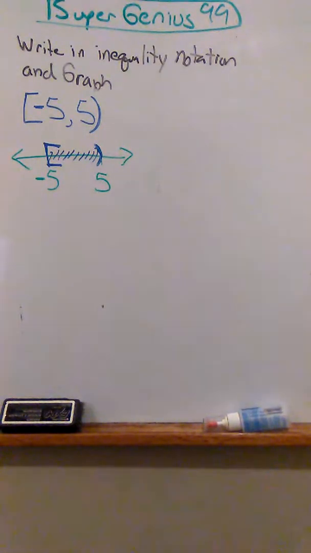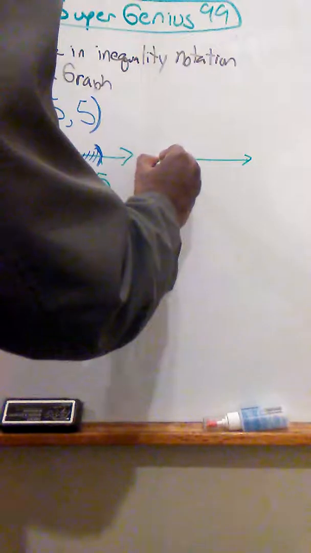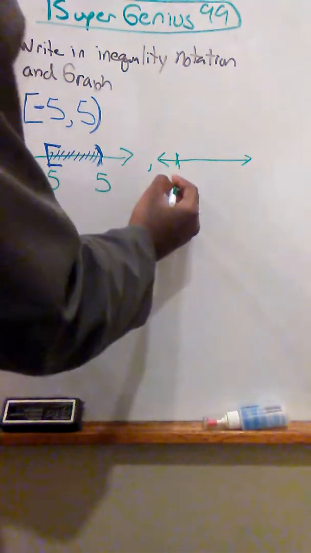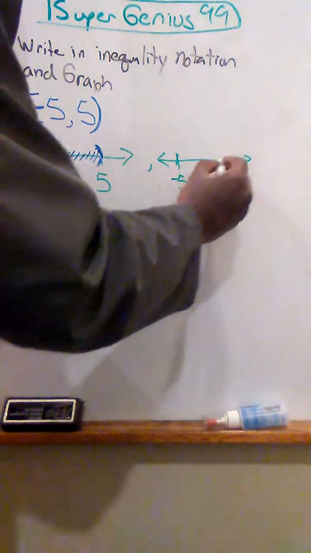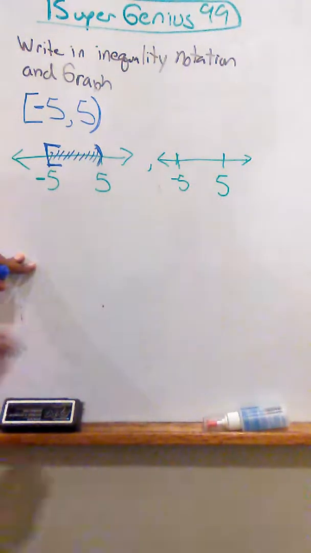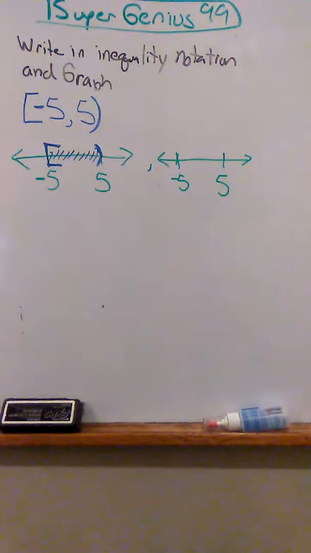Now there's another way to do it, and I'll show it to you. Another way to do it is like this. On that -5, rather than having a square bracket, you would have a closed circle.